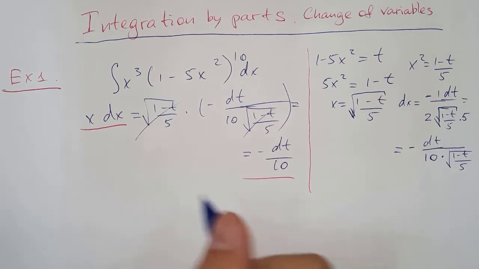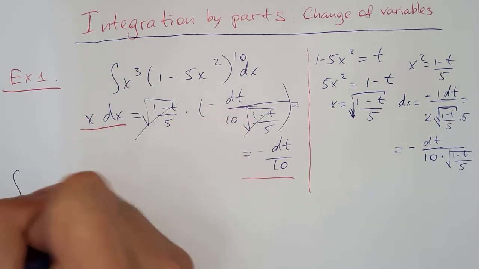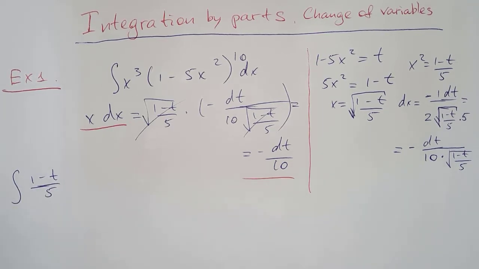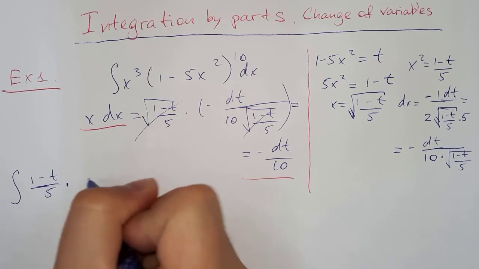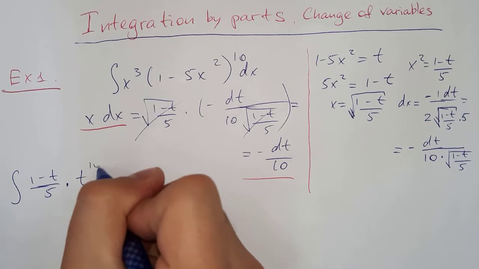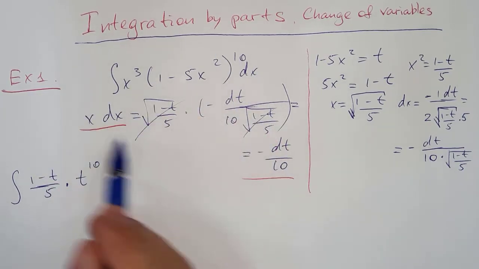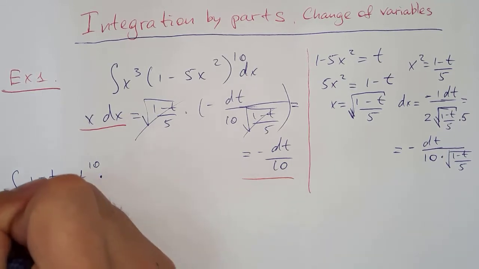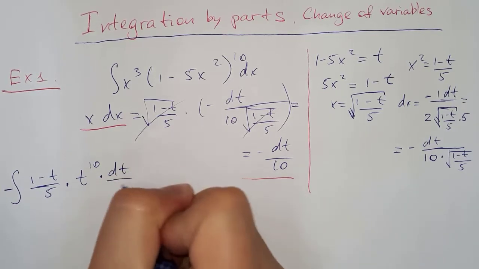So now just put, instead of x squared, the integral of (1 minus t) over 5 and times this bracket, which is just t to the 10th power, and x dx is minus dt over 10. So here I will put minus before our integral.